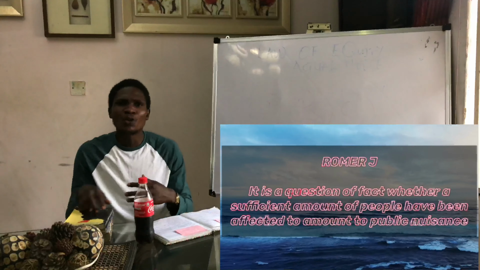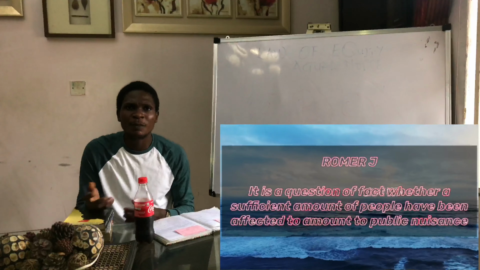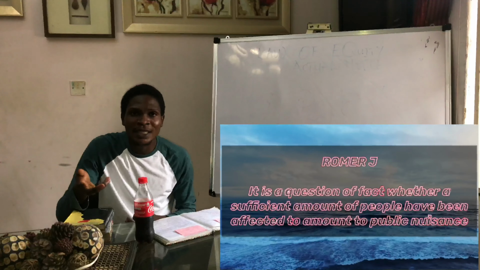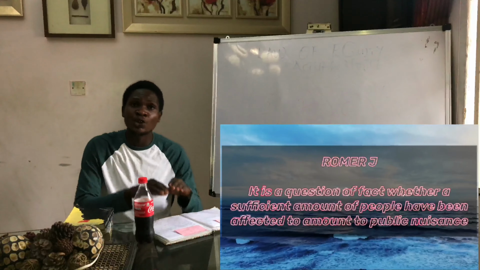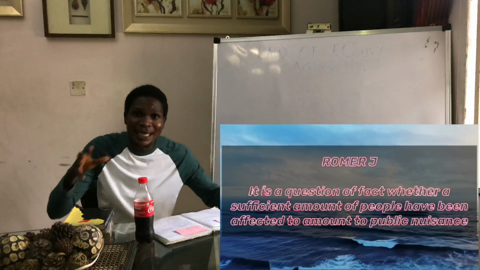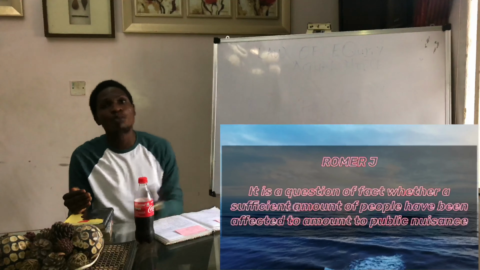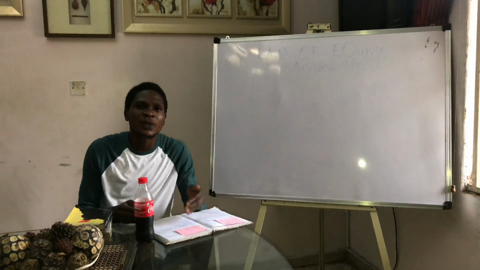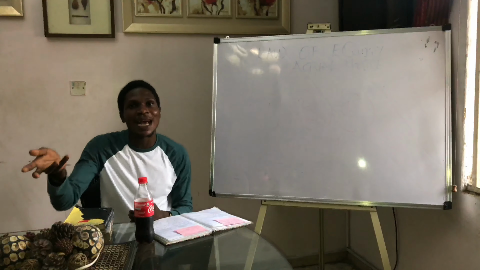Do you understand? So when we are talking about a sufficient amount of people, or a class of people, or the public, what do we mean? Imagine that you live in a particular estate. Something happened to the gate of the estate, and the gate was blocked. Nobody from the estate can move out. Can we say that that is sufficient to be a class of people affected by that act?